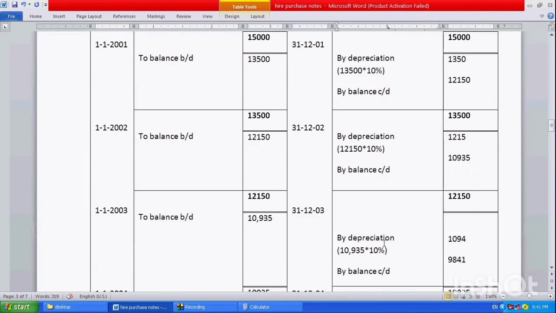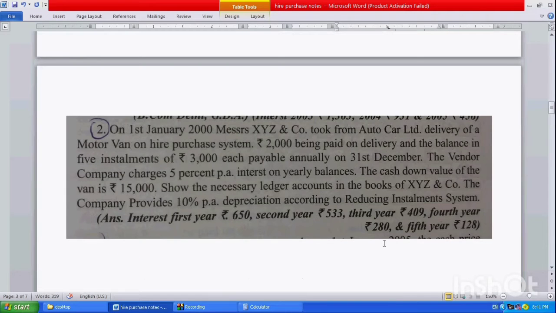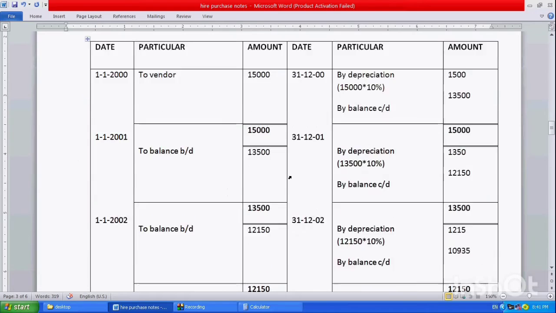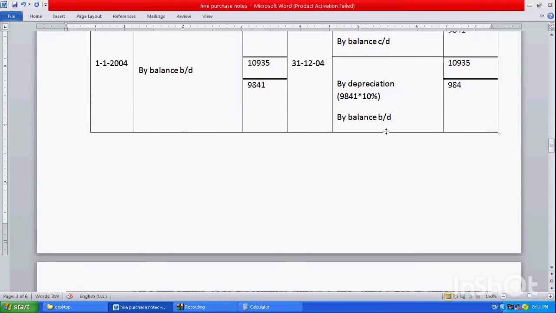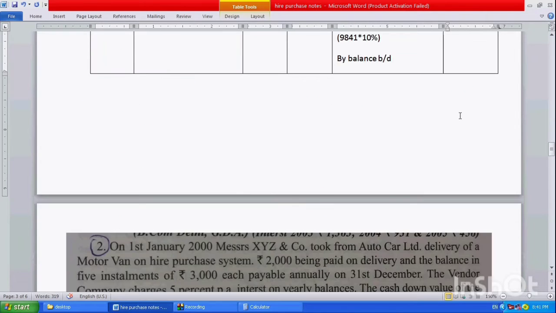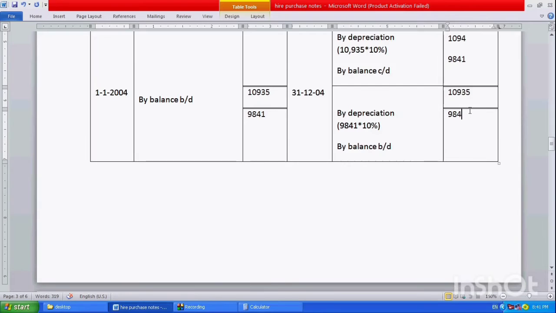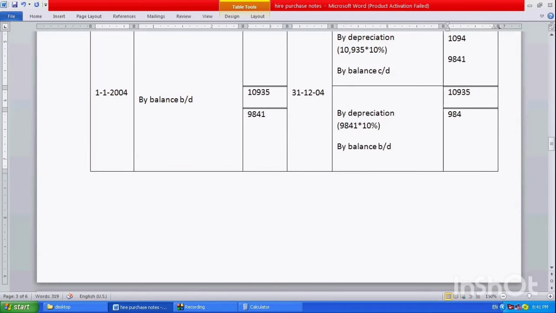Here the fifth and last installment we have paid. So this is by balance brought down. It's not brought down, it's carried down, C and D, but by mistake I have done. I will rectify.